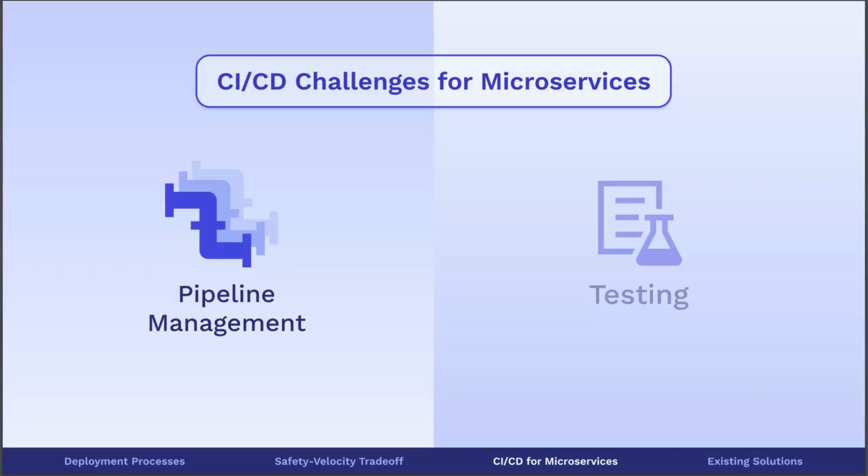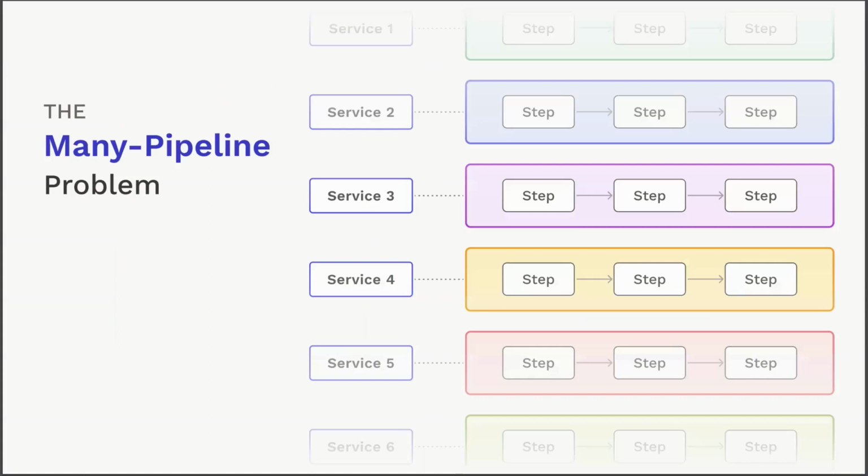Thanks, Ethan. Two challenges we identified in our research of CI/CD pipelines for microservices were the management of deployment pipelines and comprehensively testing microservices in the pipeline. Let's start with the challenge of pipeline management. One way to deploy microservices is to attach an individual CI/CD pipeline to each one.